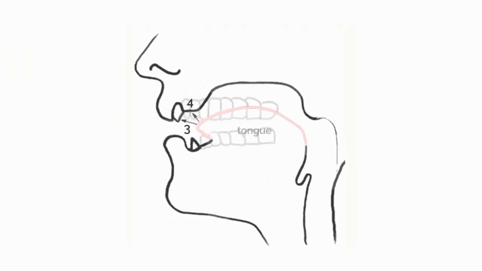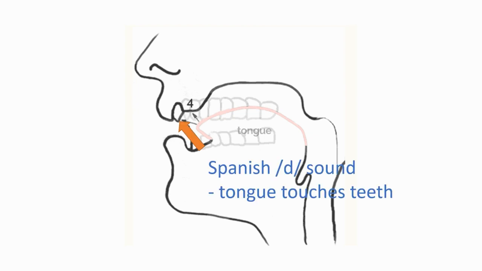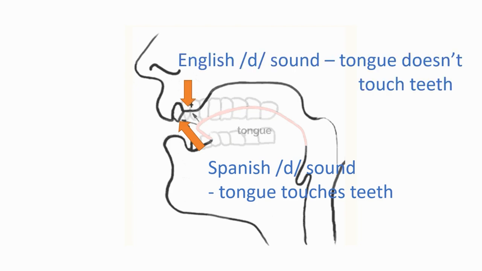Now, before we start practicing some of the D sounds in English, I want to make a comment about the differences between the Spanish and the English D sound. Some Spanish speakers in some regions make the D sound by pushing their tongue against their front teeth. But in English, we never do that.